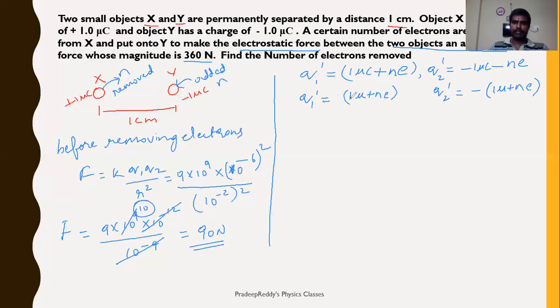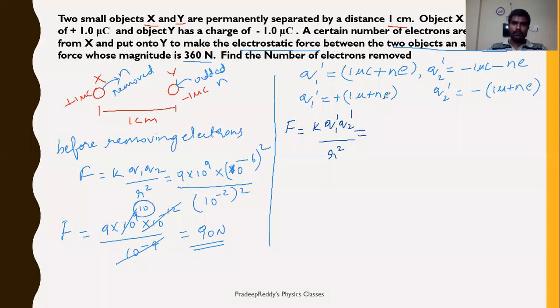Total force acting between these two charges now can be written as F equal to K Q1 dash Q2 dash divided by R square. R is the separation between them. Separation is the same, separation is constant.